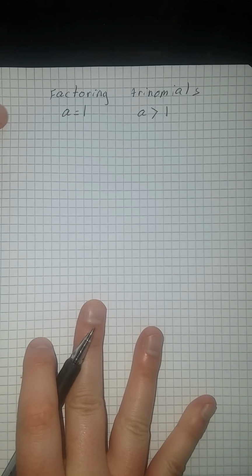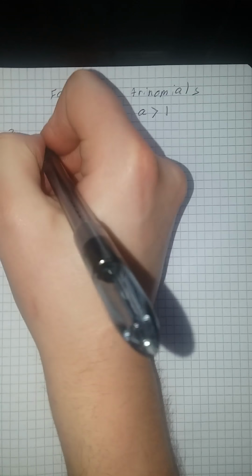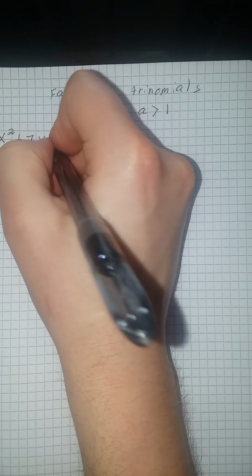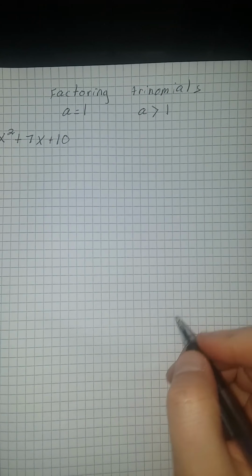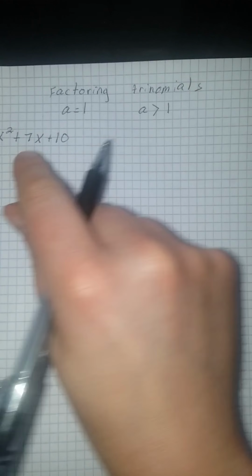Okay, for instance, x squared plus 7x plus 10. Now, what is factoring? Factoring is kind of like undoing the multiplication that we did to get here.